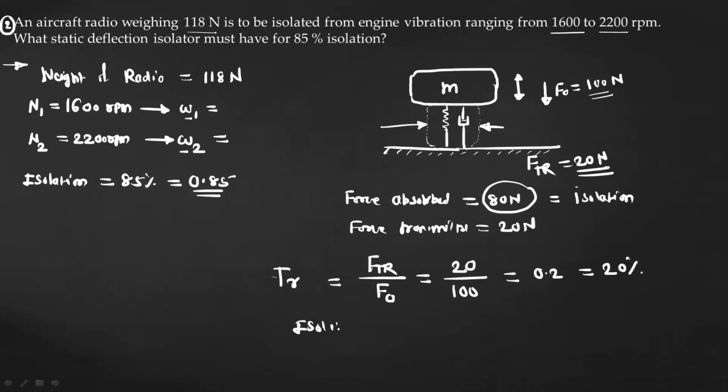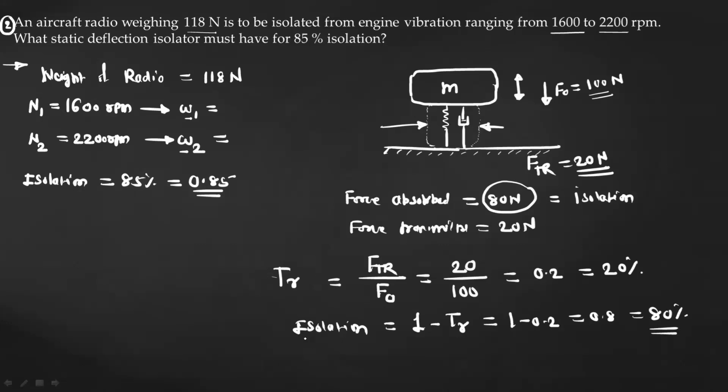So isolation is equal to 1 minus transmissibility. Transmissibility is 0.2 for this case, so it is 1 minus 0.2, equal to 0.8, and this is nothing but 80%. Or in terms of Newton, we can directly say 80 Newton is the isolation.